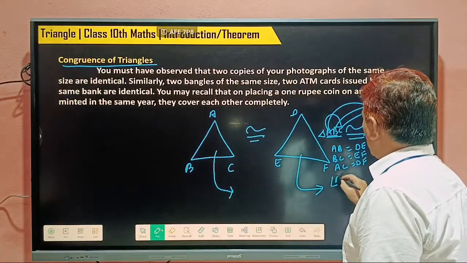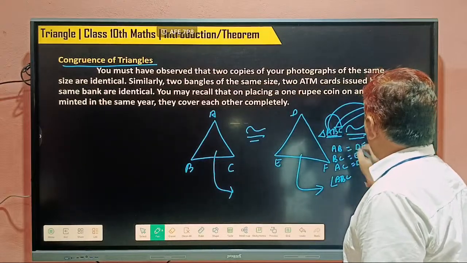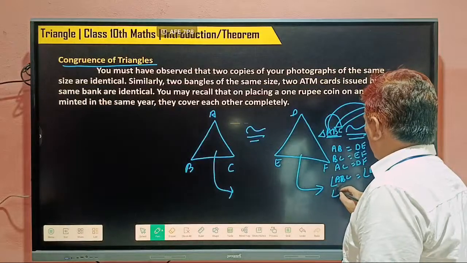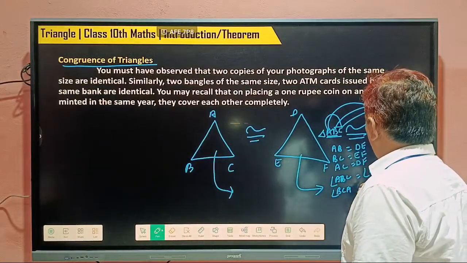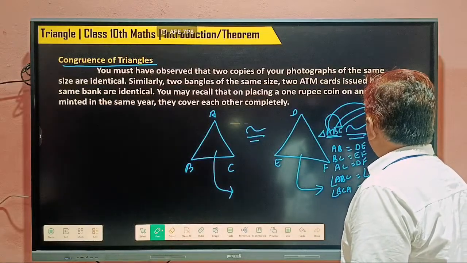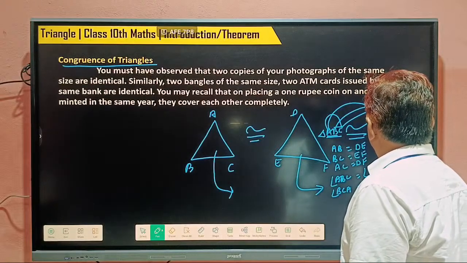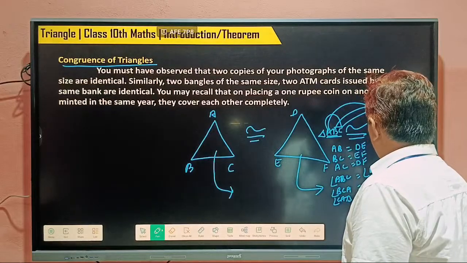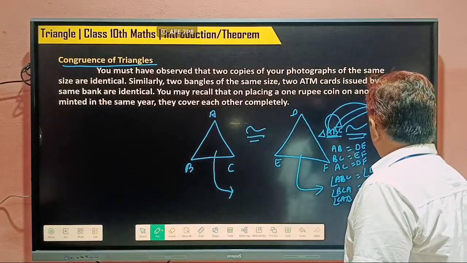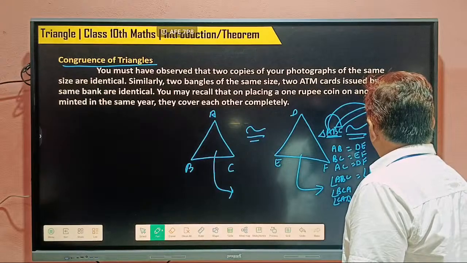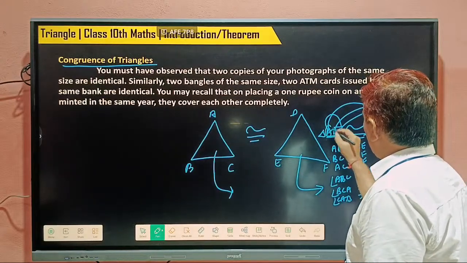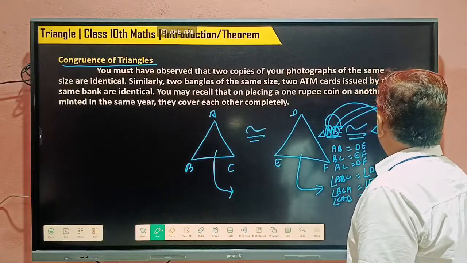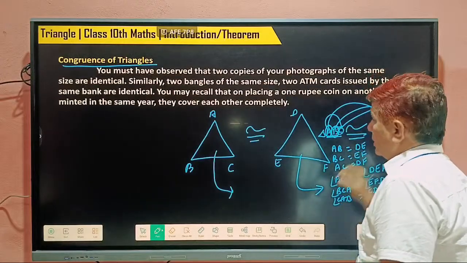For angles, which angle? Angle ABC equal to angle DEF. Angle BCA equal to angle EFD. Angle CAB equal to angle FDE. Its meaning is this angle equal to this angle equal to this angle equal to this angle.